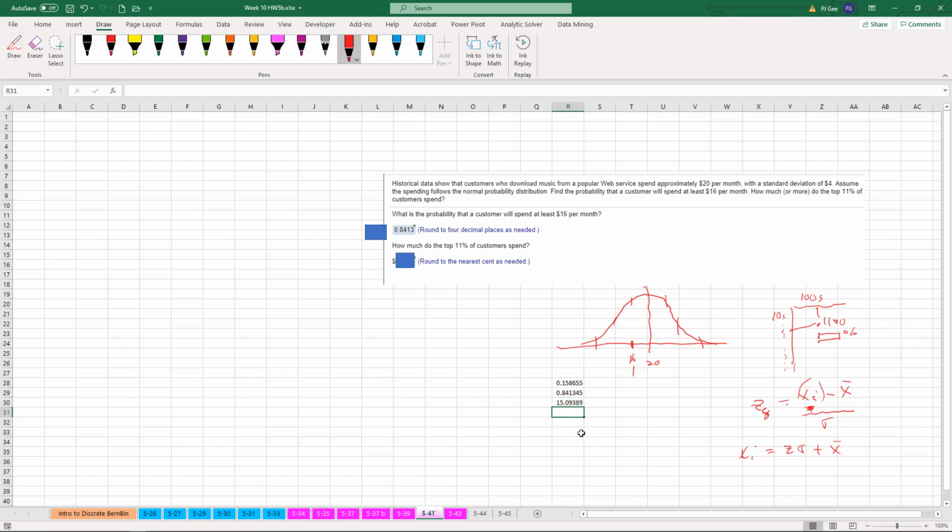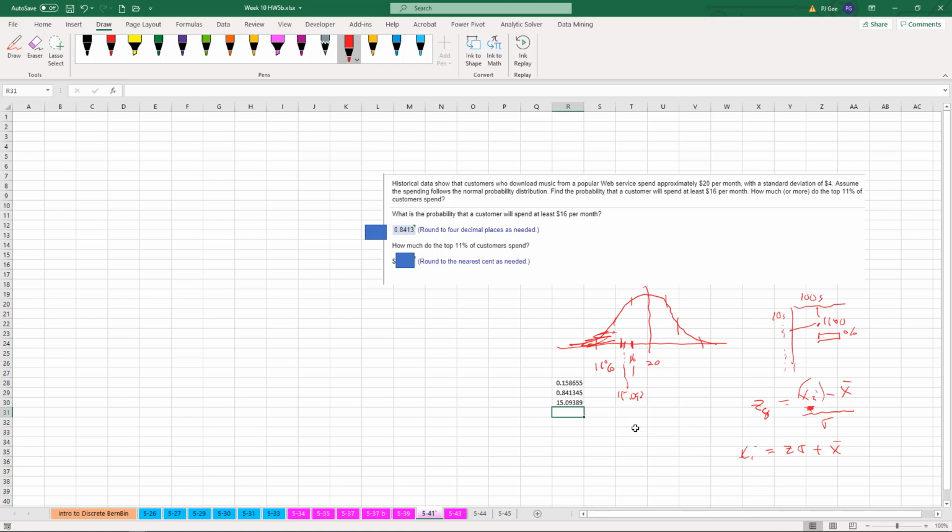What this relates to, remember, there's 16, just shy of 16, down here is 15.09, and so on. So this part of the curve up to 15, this much of the curve down here, is equal to 11%.